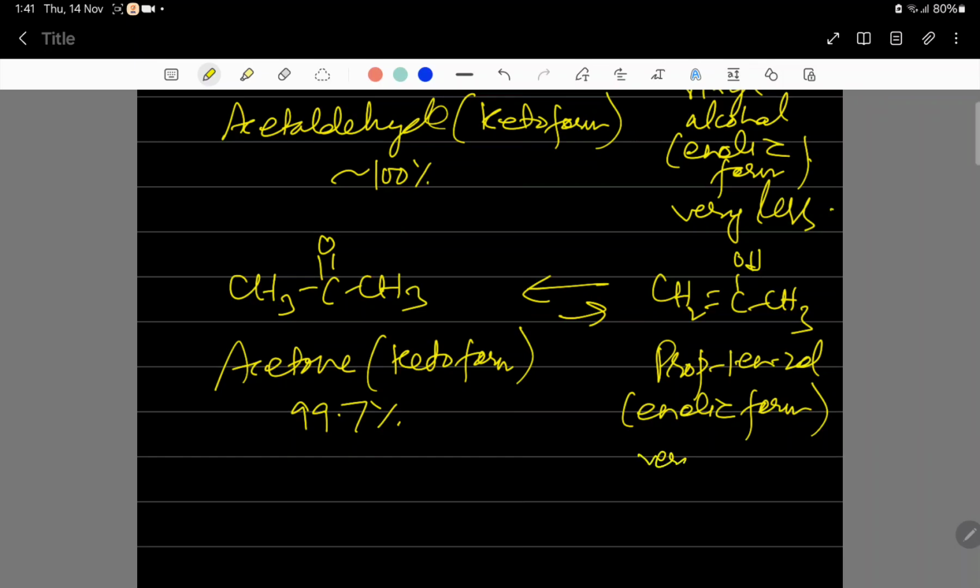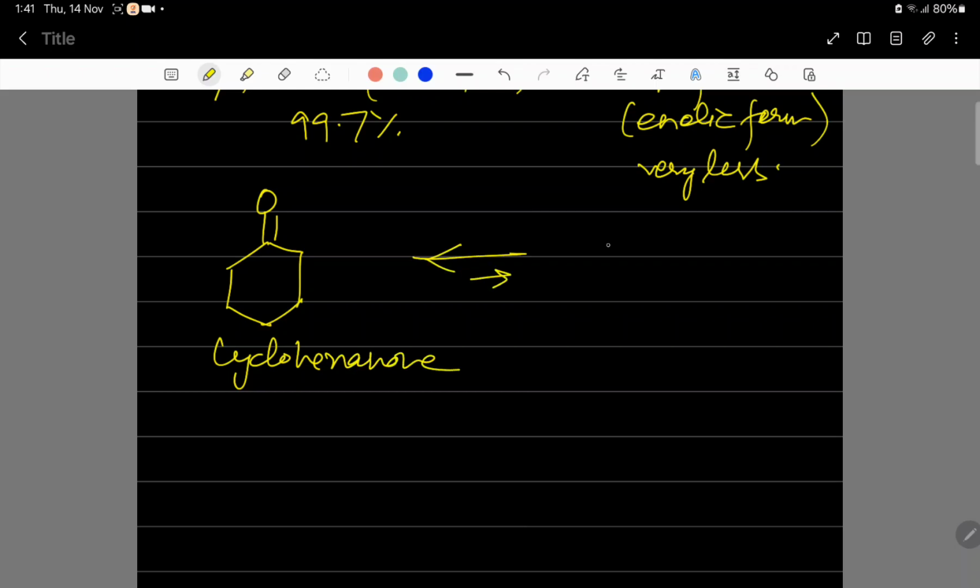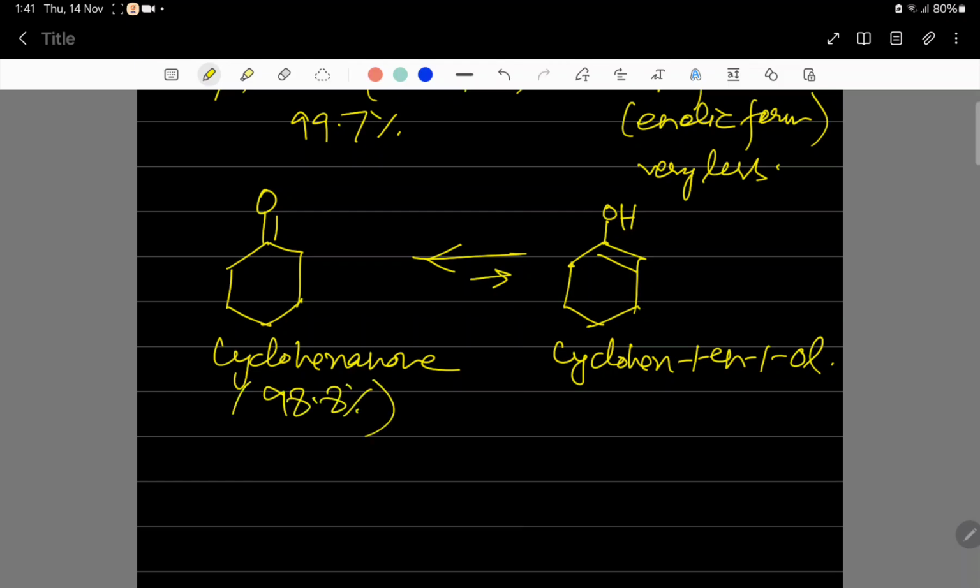It is again very less, negligible. Then is the cyclohexanone. Cyclohex-1-en-1-ol. So this is 98.8%, this is 1.2%.